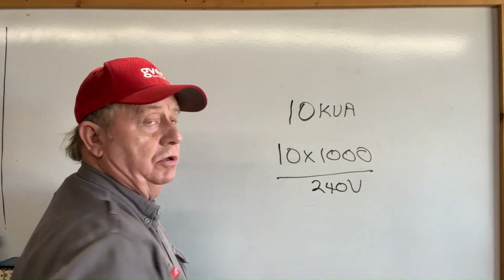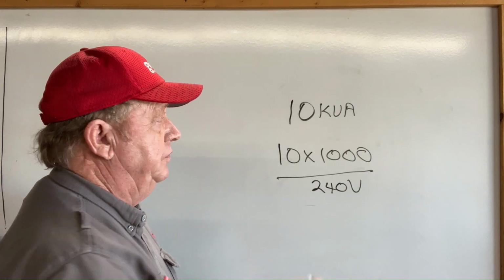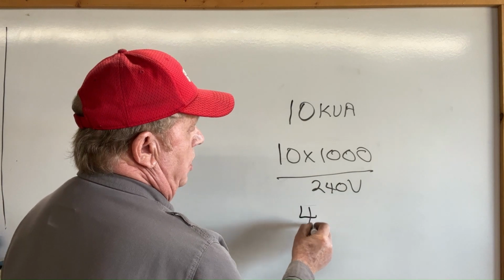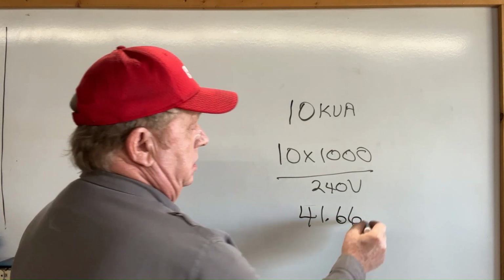In our case, 240 volts. Now, if you do that math, you're going to see the answer is 41.66 amps.